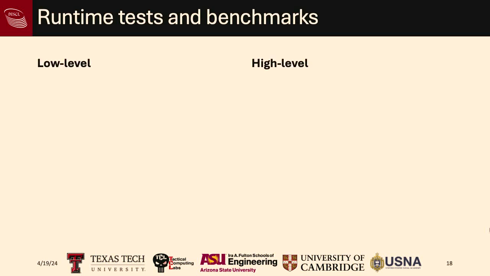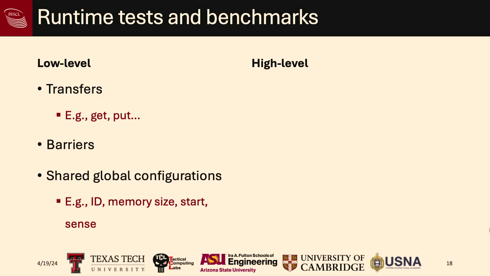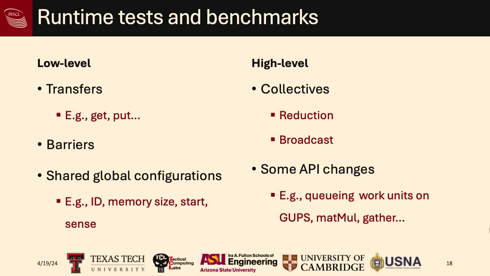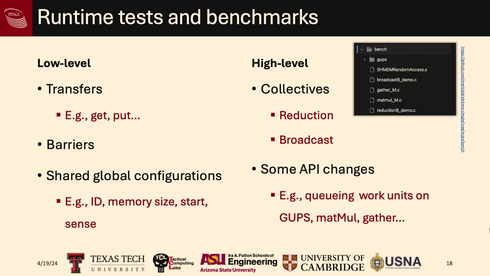So here are the runtime tests and benchmarks we've been working on. What we showcased is that transfers such as gets and puts can be demonstrated on the low-level runtime. Some shared global configurations can exist, and some collectives can be demonstrated. For this, we took a group of applications, such as GUPS, the gather operation, matrix multiplication, reduction, and broadcast.